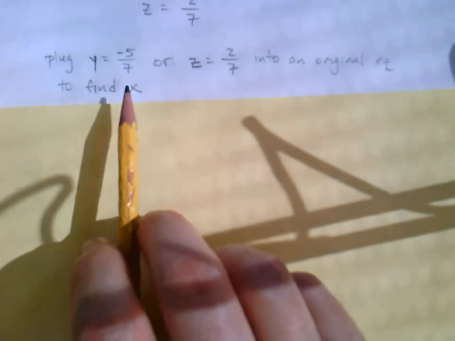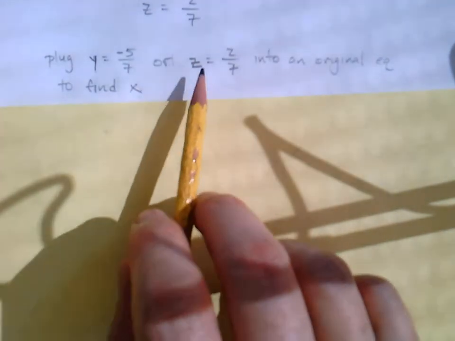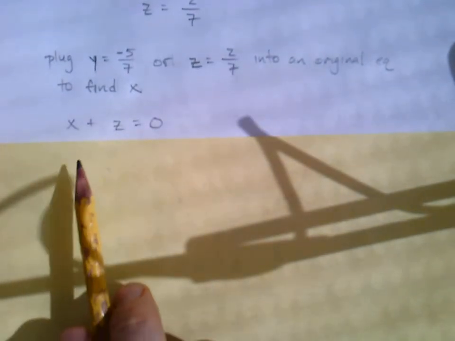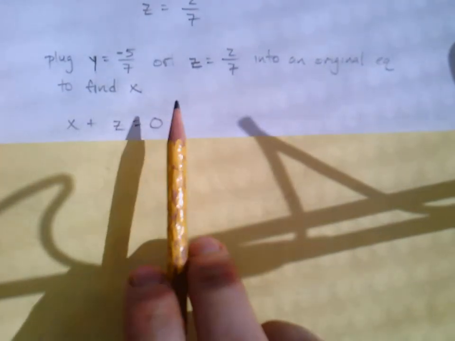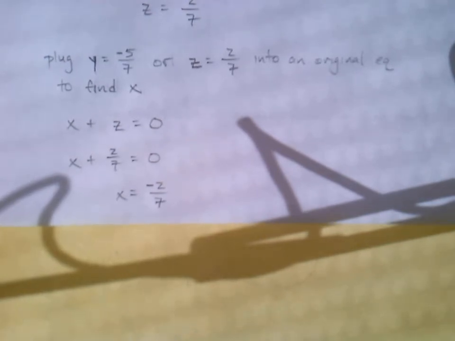So I could pick something with y and x or something with x and z. I think I picked that very first equation, x plus z equals 0. Let's take the z, plug it in, and of course, if we subtract, x equals negative 2 over 7. And now we've got x, y, and z. We've got all three of them.